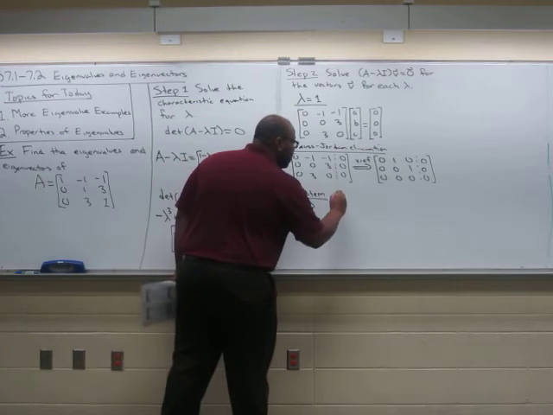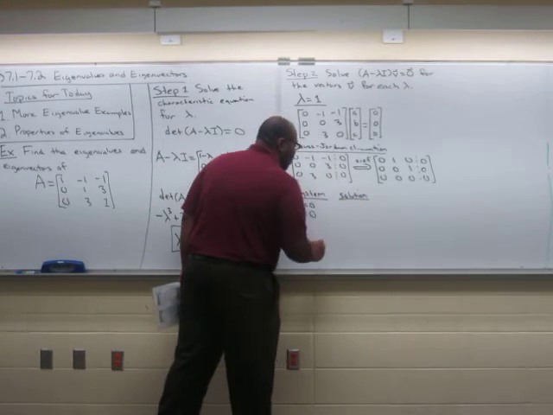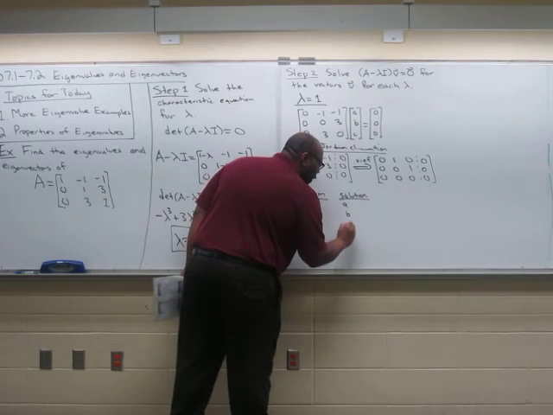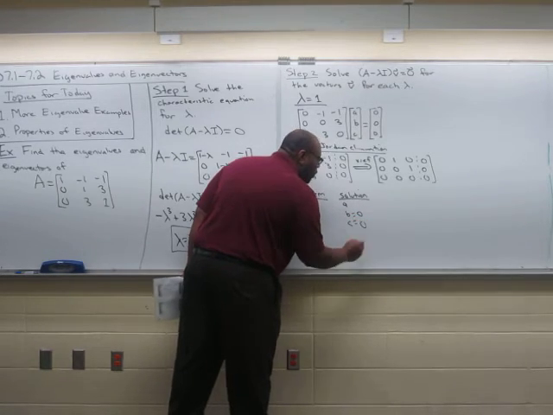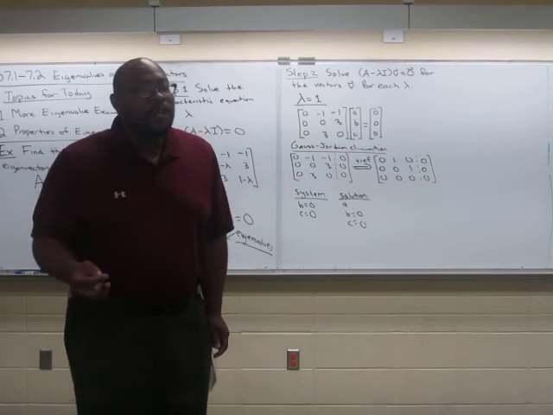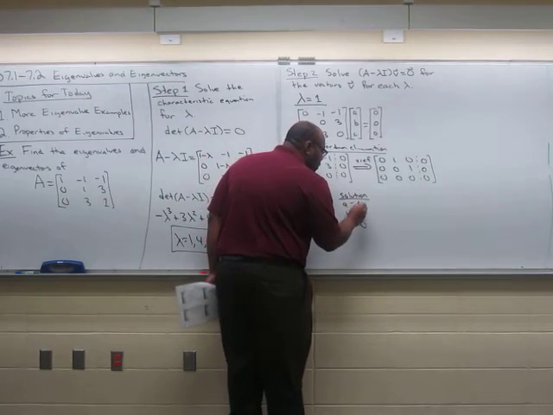What's my solution, though? My solution is going to include A, B, and C. We know B and C are both 0. What is A equal to? And if you said that A is anything it wants to be, then you are absolutely correct. It is going to be T, our parameter. Okay.